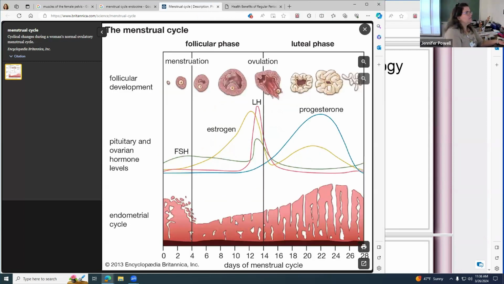By day 14 is about the time ovulation happens, and then one of two things can happen. Either you have fertilization or not. If you have fertilization, then that ovum that then becomes a corpus luteum hangs around and starts producing progesterone. And that's what tells your body not to bleed.